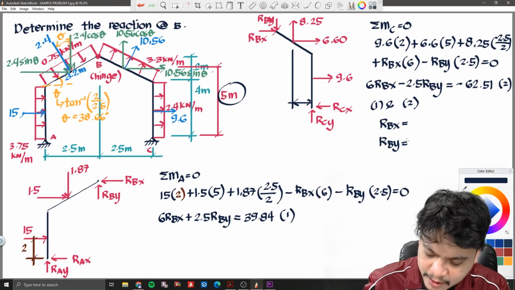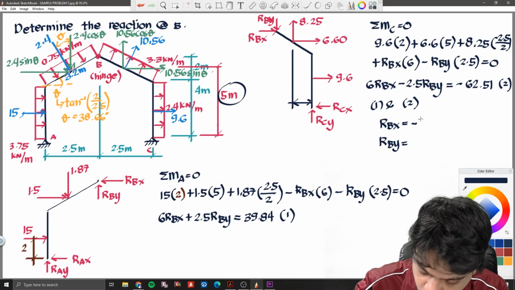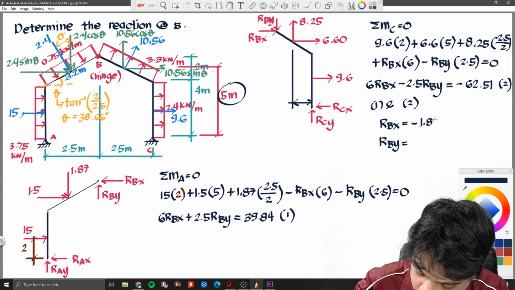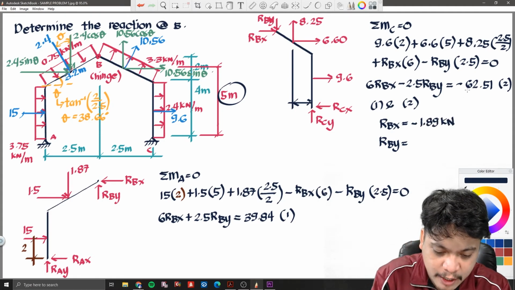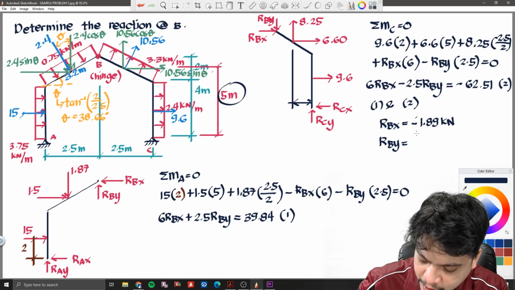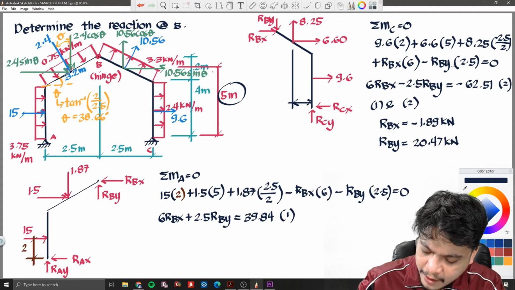So the RBX, okay, negative 1.89 kilonewton. So it means mali yung assumption natin, pero yung RBY natin, that's correct, 20.47 kilonewton. Okay? So ito na yung sagot.